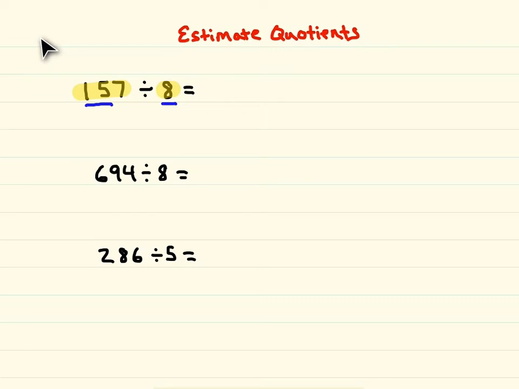I like to think of it like the triangle, where we have the 15 from the 157, the 8 as our divisor, and what can we change the 15 into that is divisible by 8? Well, we could change the 15 to a 16. 16 and 8, and then 2 would also go on that card, wouldn't it?